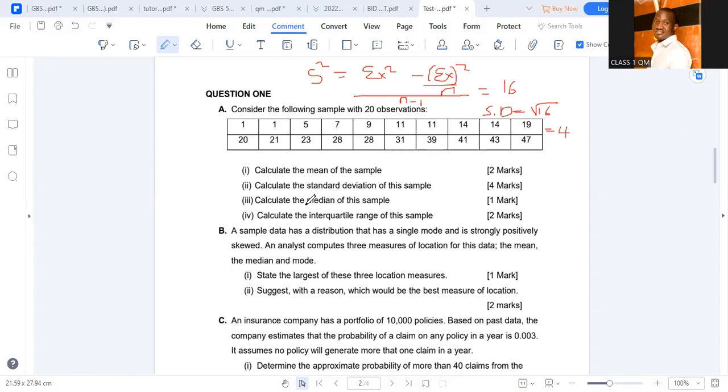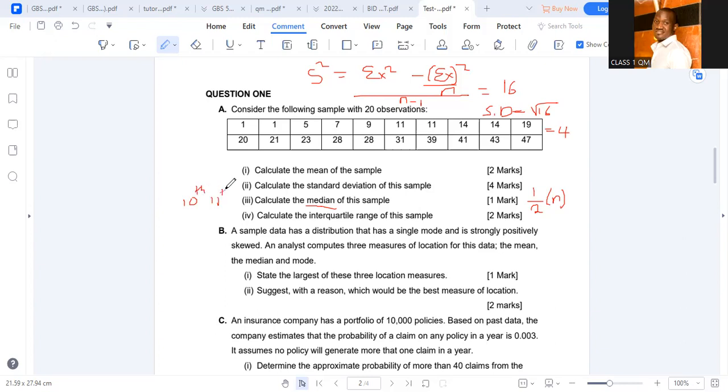The median, who remembers how to find the median? Median is the second quarter, half of n. N is 20, so half of 20 is 10. So 10 is a whole number, so pick the 10th and the 11th number.